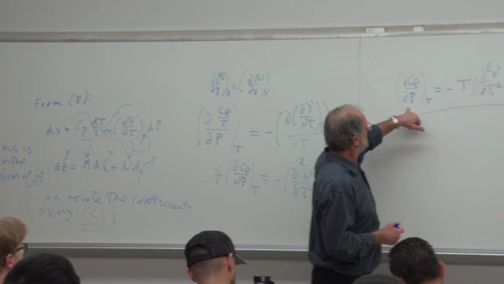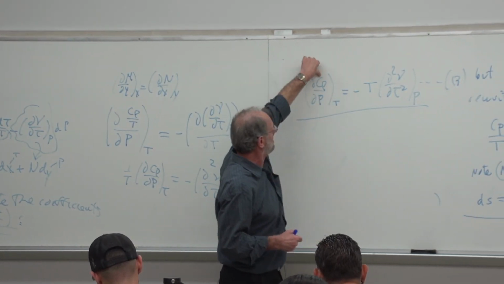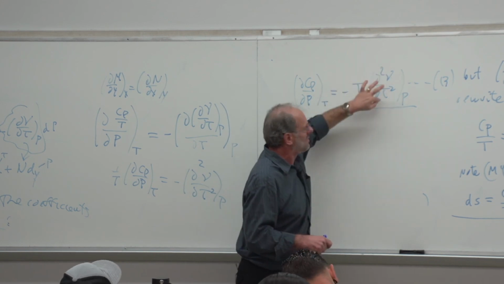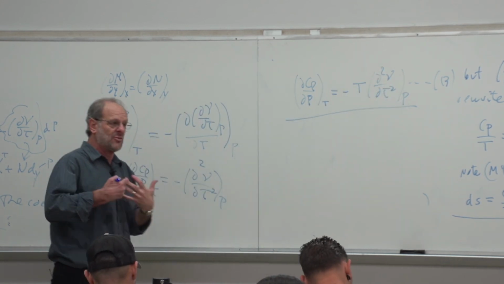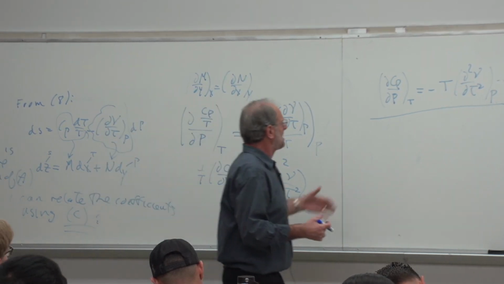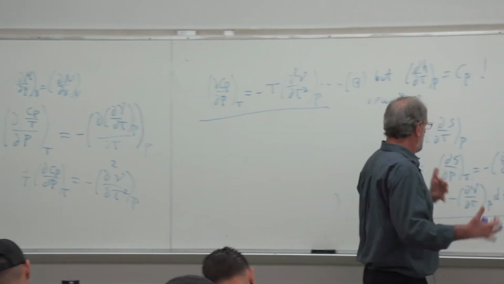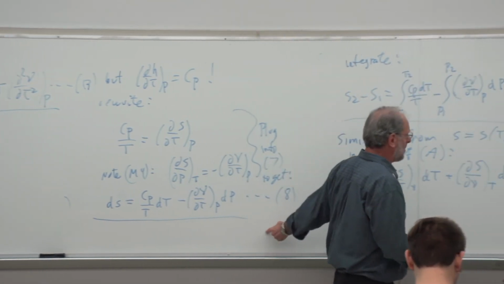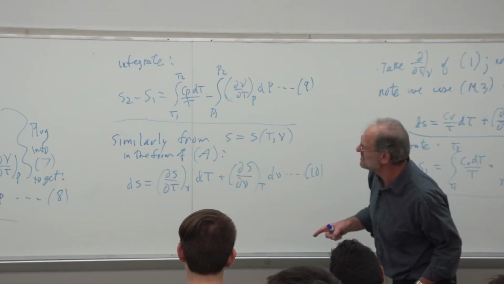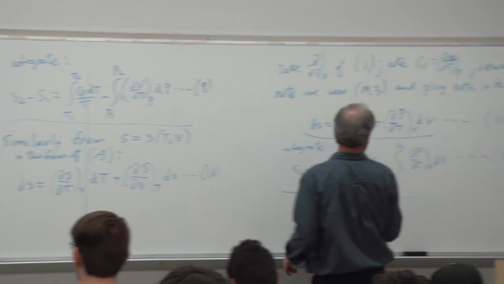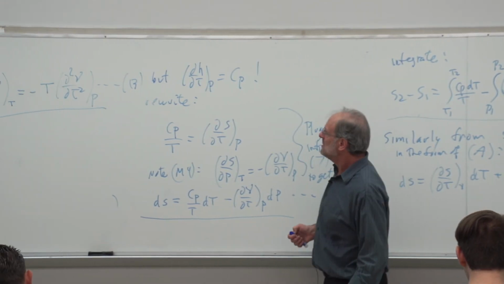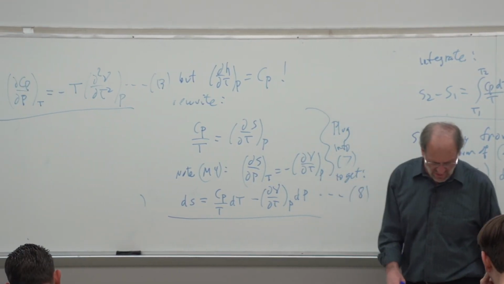Here I have a relationship specifically between the specific heat at constant pressure and measurable properties, pressure, volume, and temperature. So if I have the right data, I could solve equation 13 to get my value of Cp, and then I can plug it back into the other equations, like equation 8, or was it equation, well, it's all erased now. It's equation 7 or 6 or something like that. So again, we have a useful relationship.